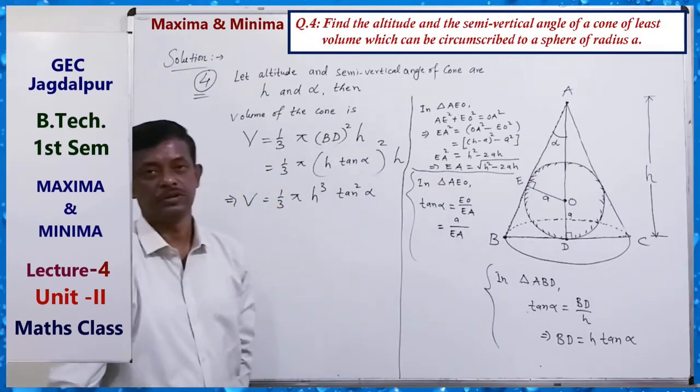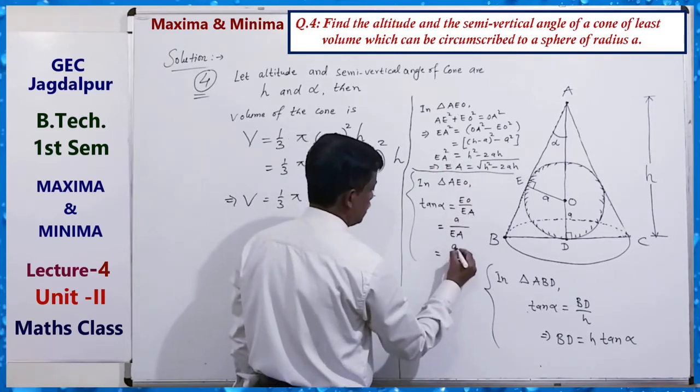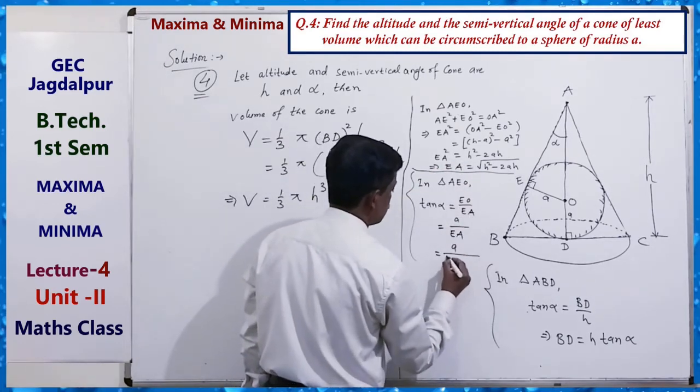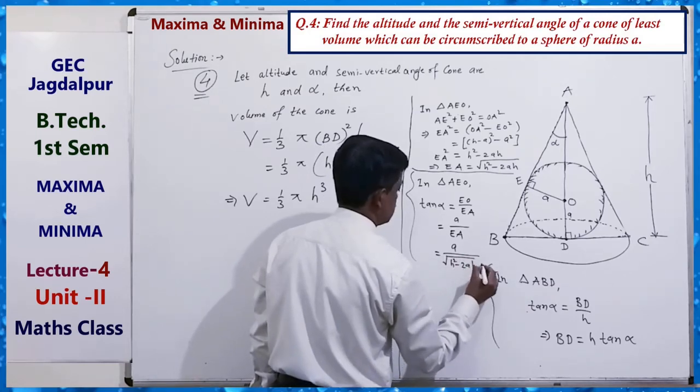This EA is used here: tan alpha equals a upon root over h square minus 2ah.